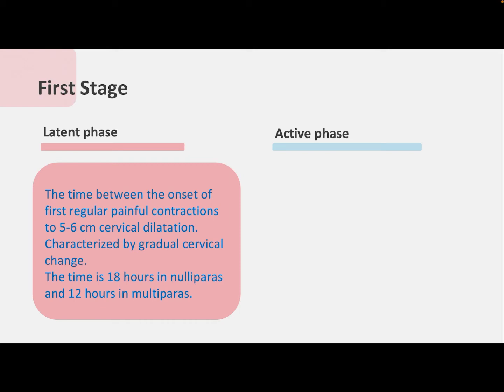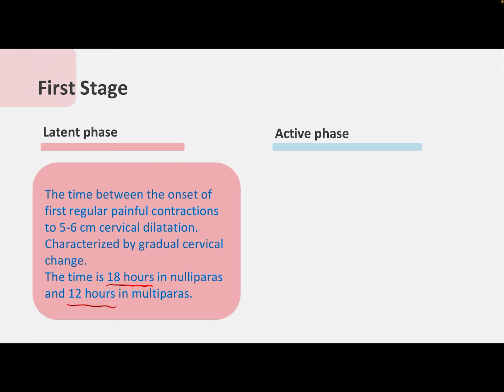The latent phase is characterized by gradual cervical changes, and the time for the latent phase in nulliparous women is approximately 18 hours, and in multiparous women it is 12 hours.